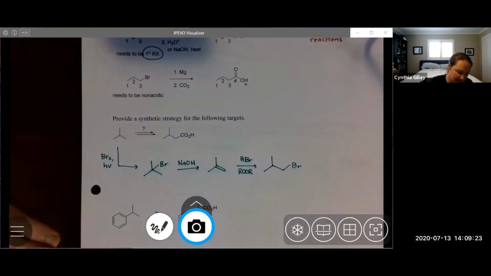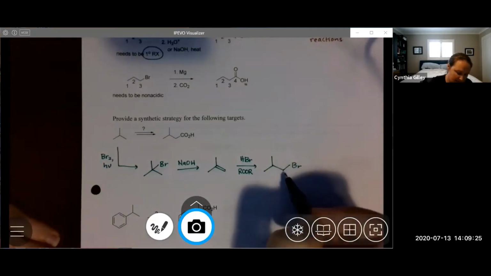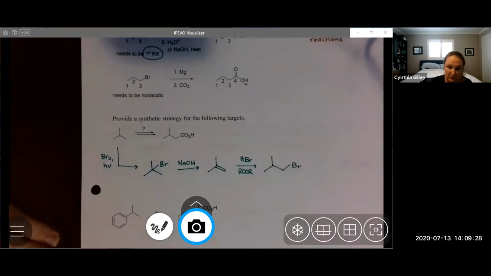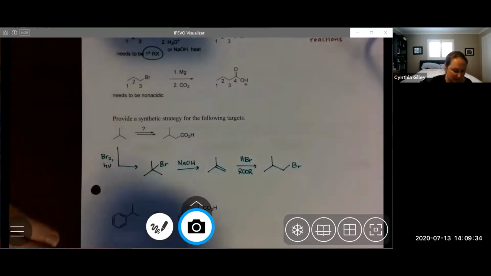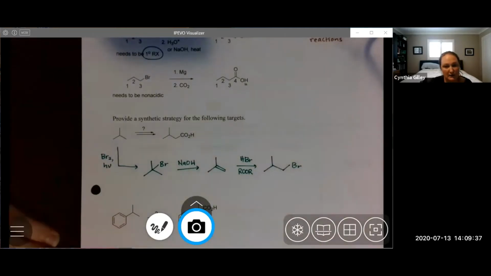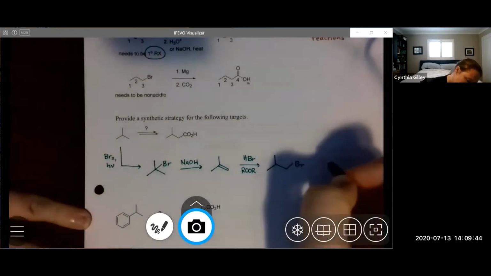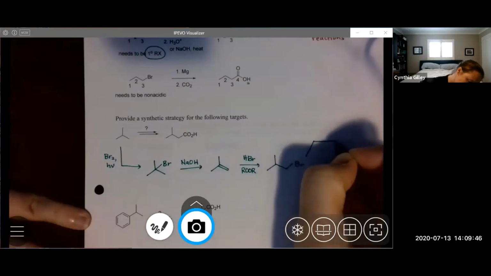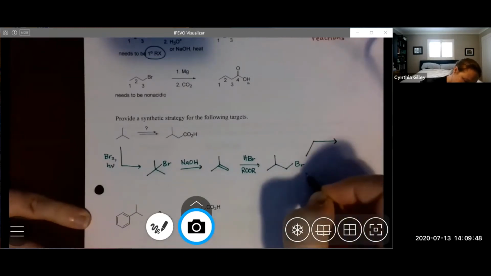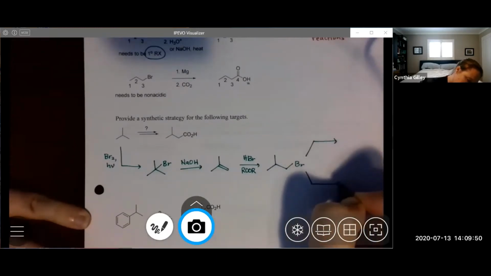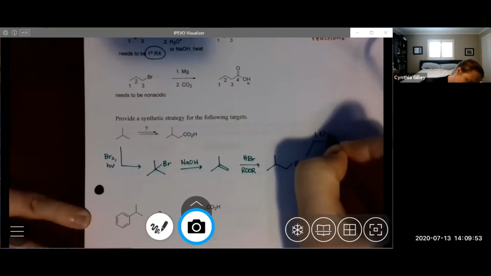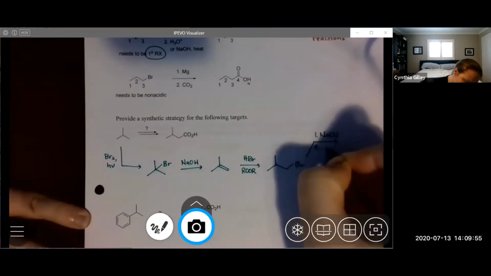And then because this is primary, we can do the nitrile hydrolysis if we want. In addition, there's no acidic protons here, so we can also do the Grignard with carbon dioxide. You have your two options at this point for making the product. So you can treat this with sodium cyanide and then do acidic hydrolysis.